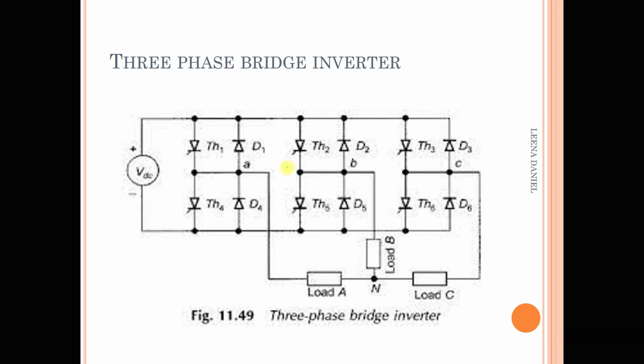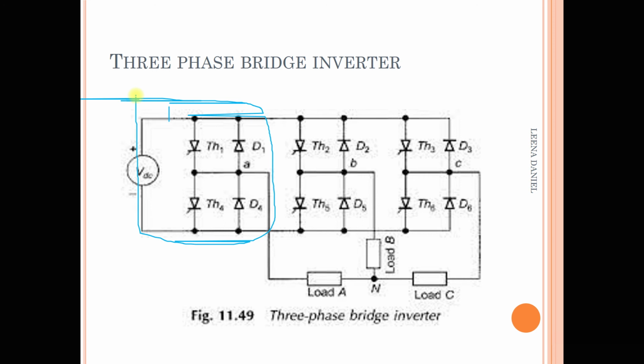Next is the three-phase bridge inverter. Sorry, I keep saying rectifier again and again, but it is an inverter because it is converting the DC into AC. So here you see this is a simple circuit. This is the one half bridge inverter, a single phase half bridge inverter.